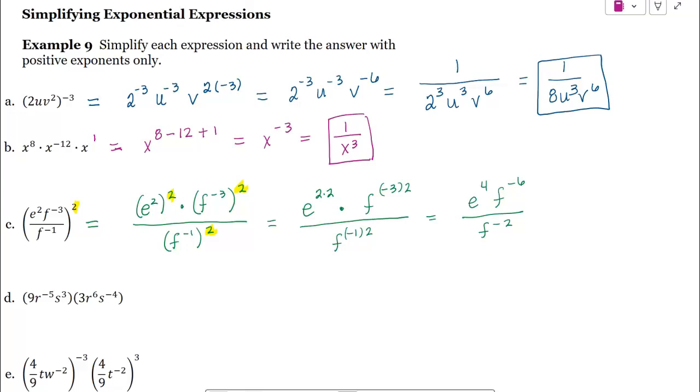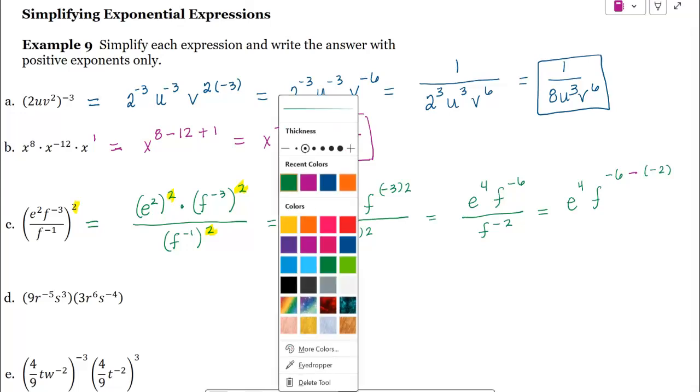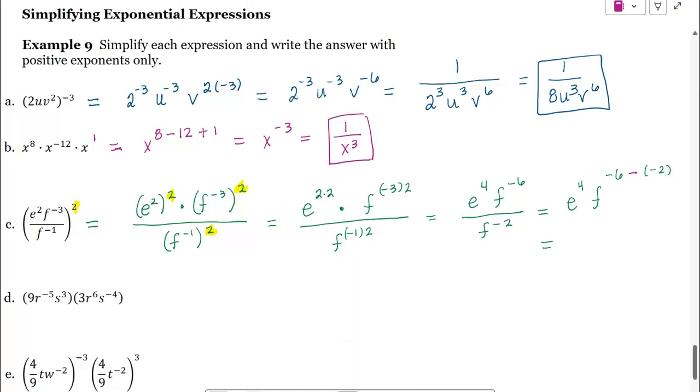It looks like if I combine those two together, the quotient rule tells us that we can subtract the exponents. So I have negative 6 minus a negative 2 from the denominator. This is going to be e to the 4th times f to the negative 6.